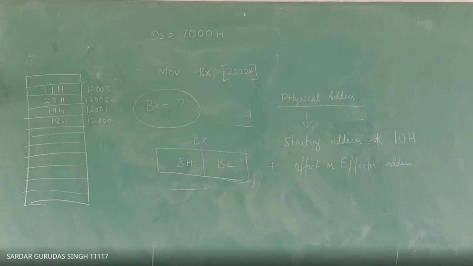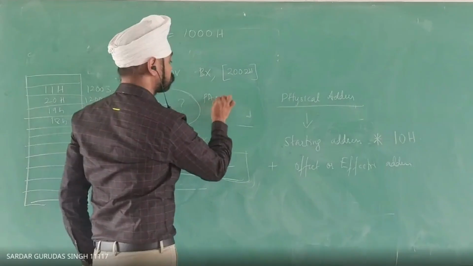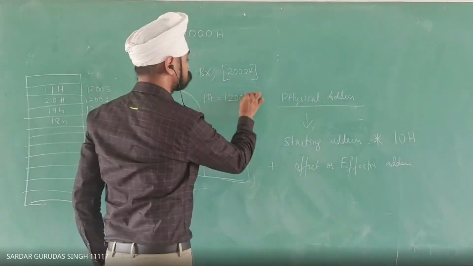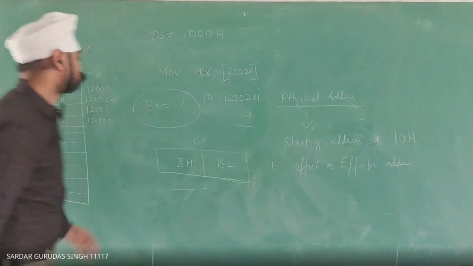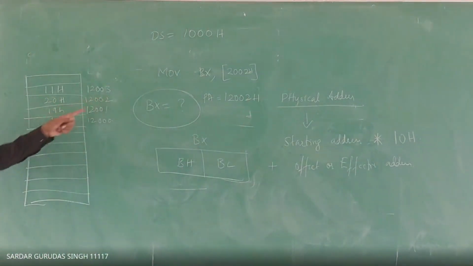First of all, tell me what is the physical address? 12002. Very good. So the physical address is nothing but 12002H. So what is located at 12002H? 20H.